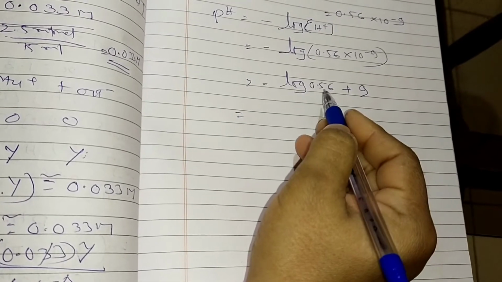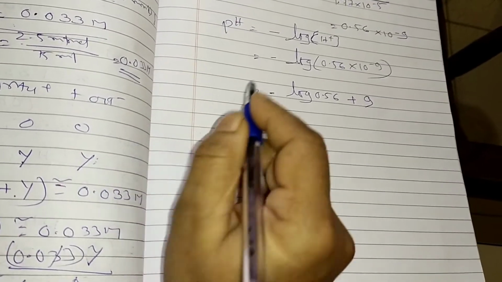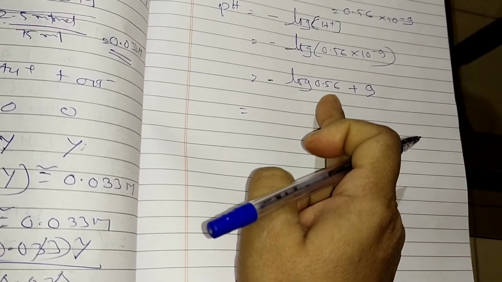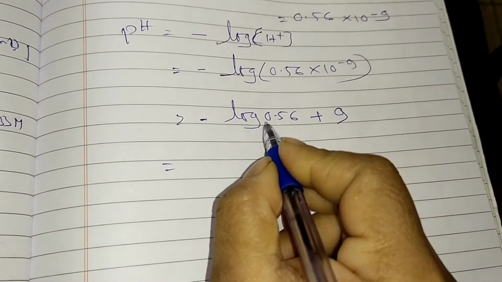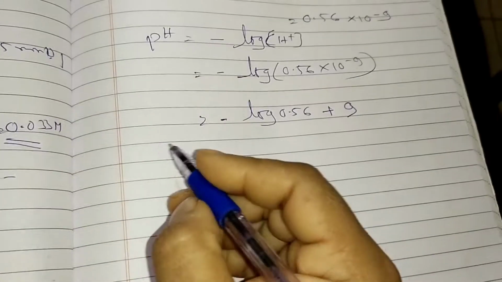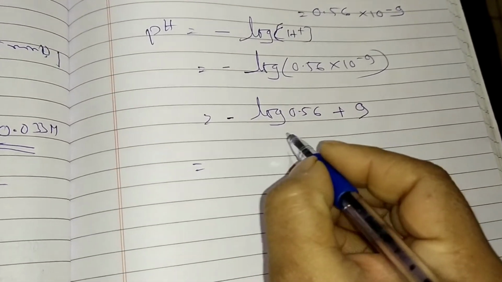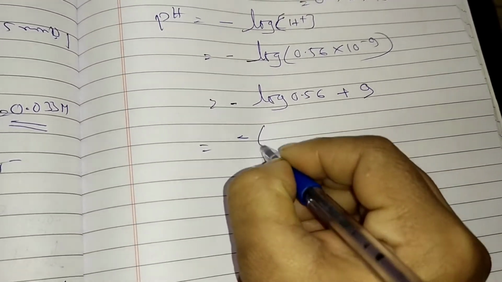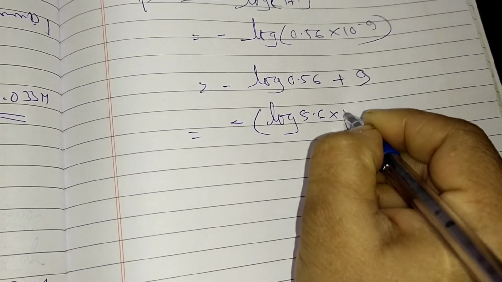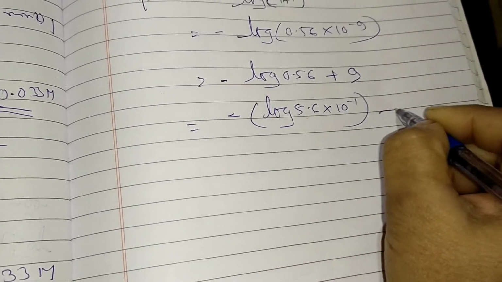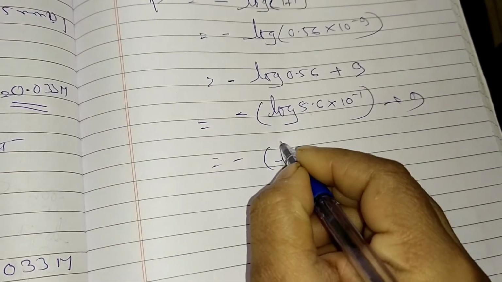So how to find out this log 0.56? We are taking instead minus log 5.6 into 10 to the power minus 1, plus 9.